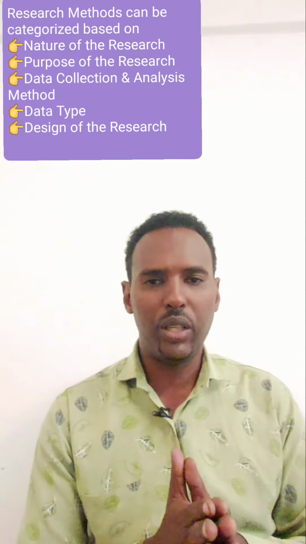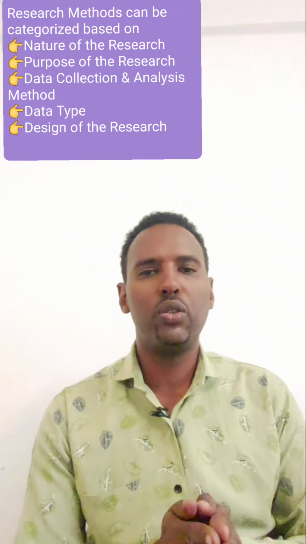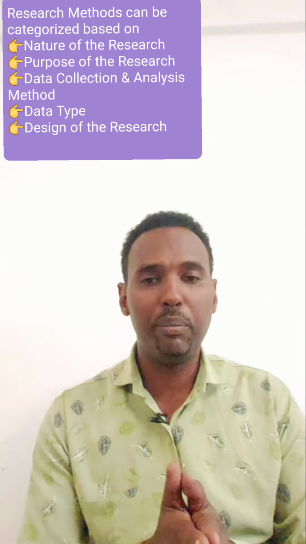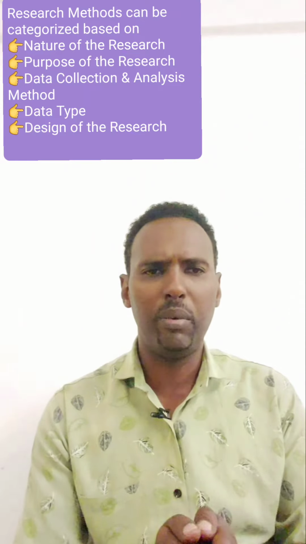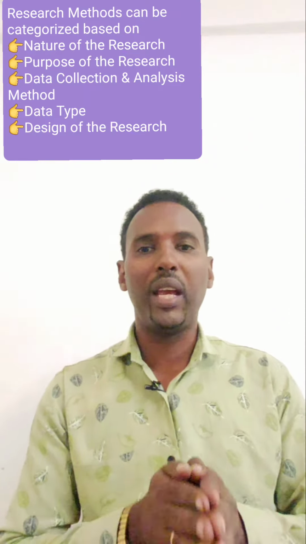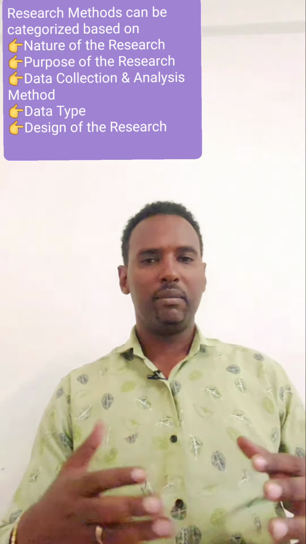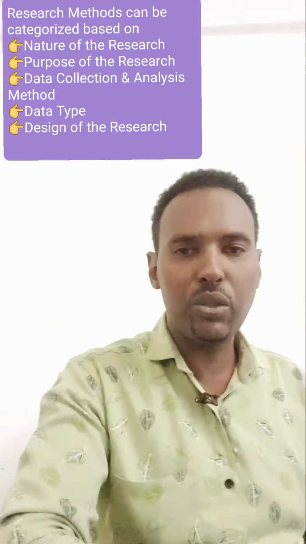But when we call it applied research, the purpose of applied research is to solve a specific problem. We come up with a certain problem and we investigate the problem, and also we come up with possible practical solutions to solve the problem.